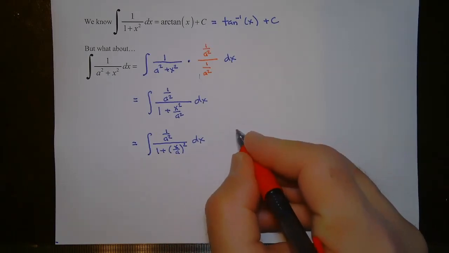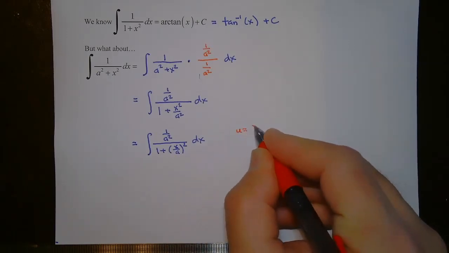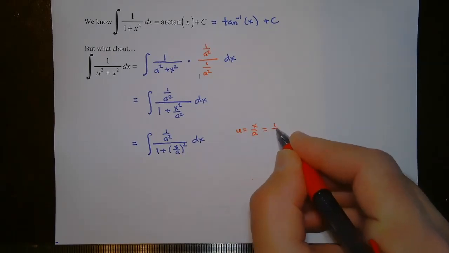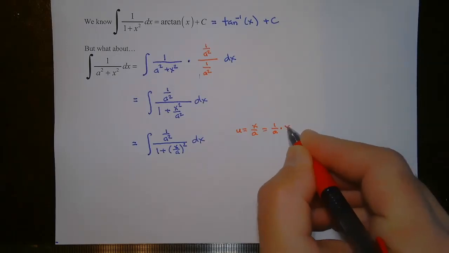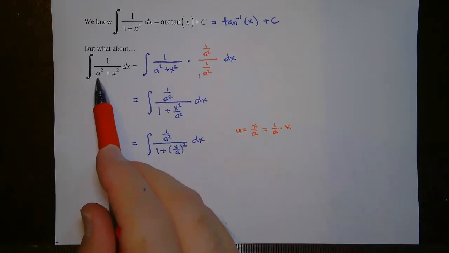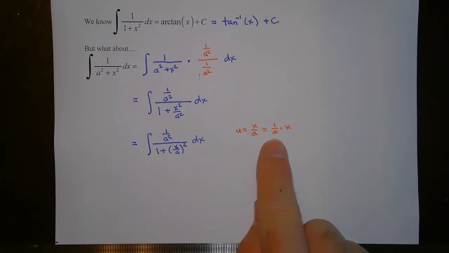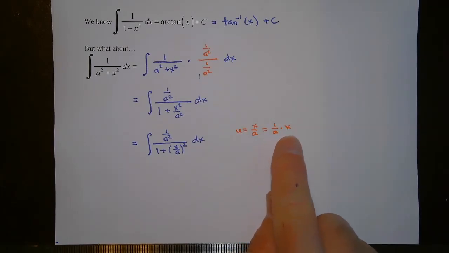Okay, so u is going to equal x over a, or that's equivalent to 1 over a times x. And I should have said this earlier, this a is a constant. It's going to be like a number like 5 or 9 or 16 or 17 or the square root of 3, okay? It can be a lot, it's just a constant, okay?